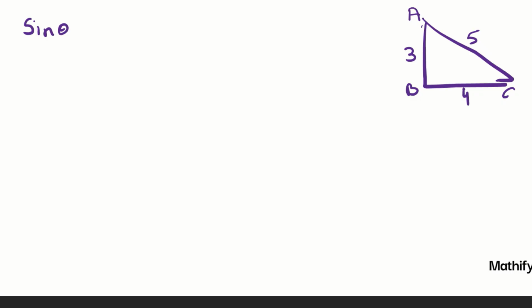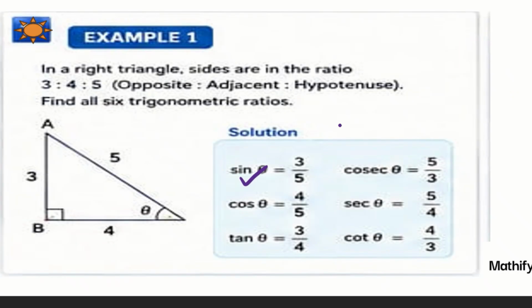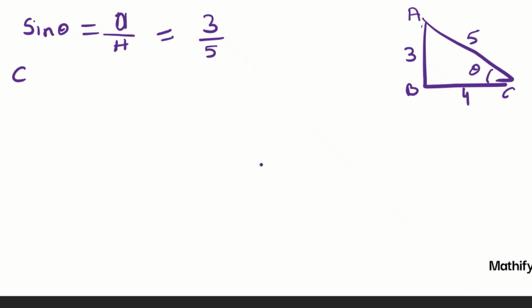So sine theta is basically opposite to the hypotenuse. This is theta. What is opposite to theta? 3, over the hypotenuse, 5. So sine theta is 3/5. In the same way, we find cos theta and tan theta.